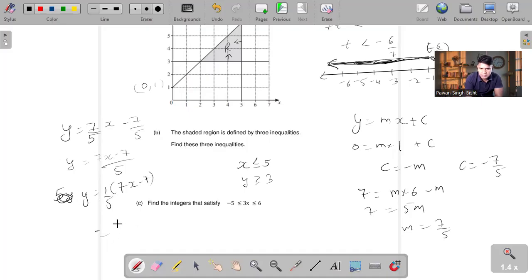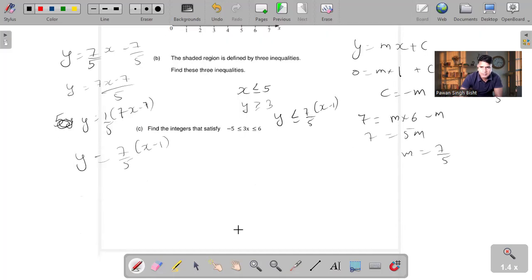So we can take 7 upon 5 in the bracket, x minus 1. Right, and you see the portion is below this. So the third condition is y less than or equal to 7 upon 5 times x minus 1, because this is below this line, right?